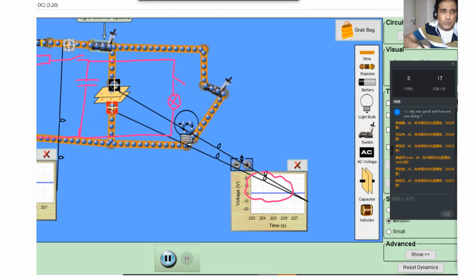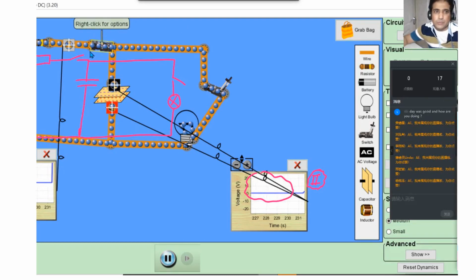Here are 2 points for you to observe. One is here, you have to observe what is happening on this graph. And the second one, you have to look at this one. What is happening here? Okay, let me close this switch now.